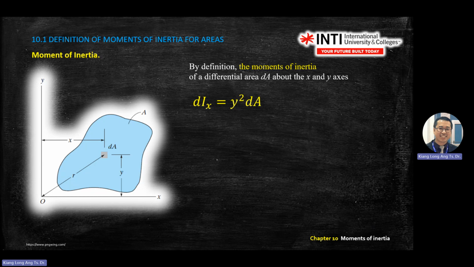Now we use I to represent the moment of area, or moment of inertia in this case. So dI equals y squared dA. This is the first equation for today: moment of inertia.